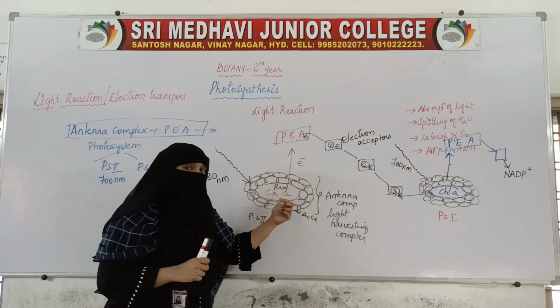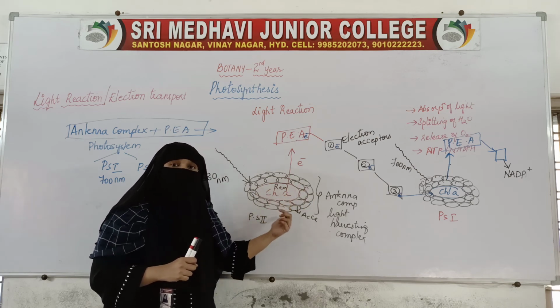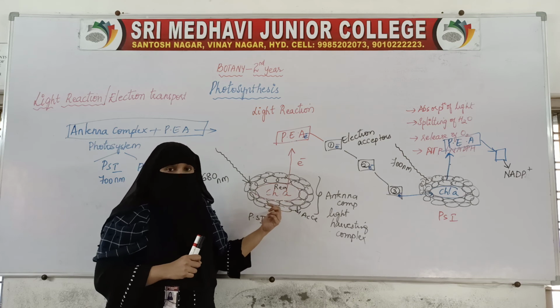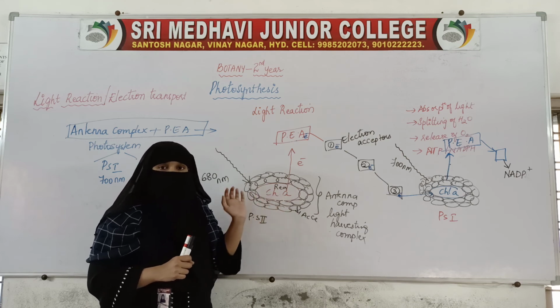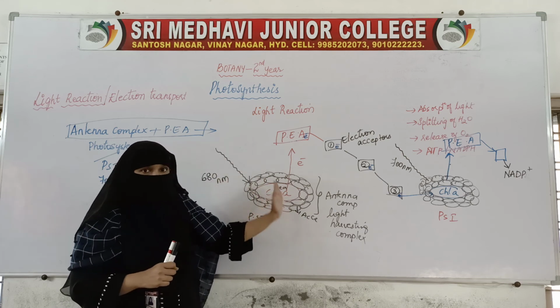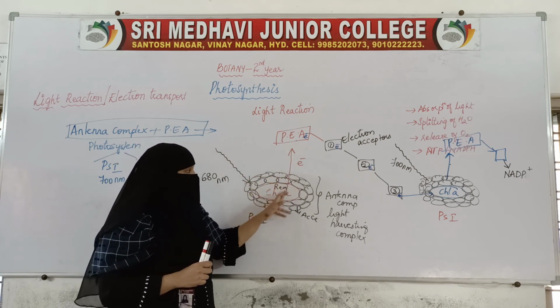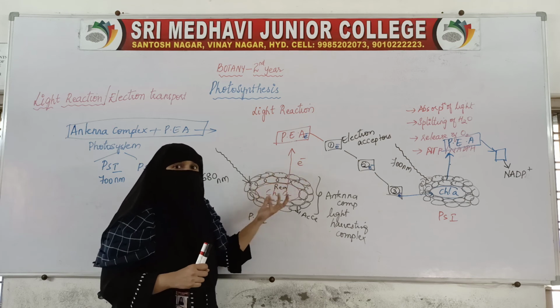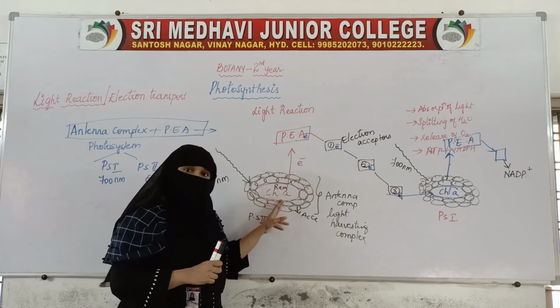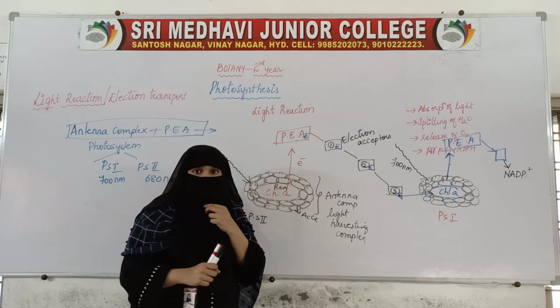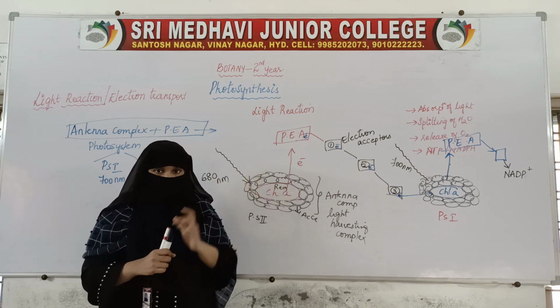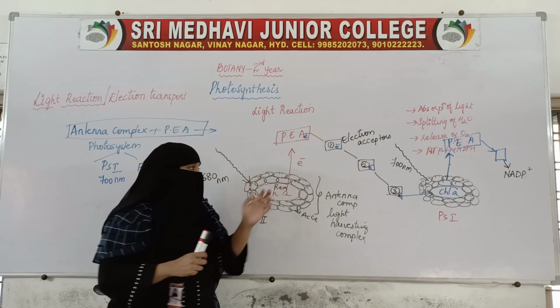Now the chlorophyll wants its electron back. It can't stay long without the electron, because for continuous photosynthesis, it has to absorb the sunlight and continuously eject the electron. So where is the electron? It should get back the electron, then only it will be able to eject it for the next continuation.